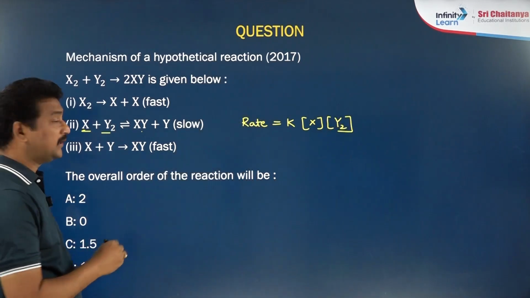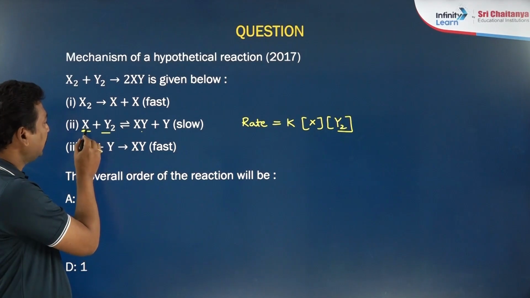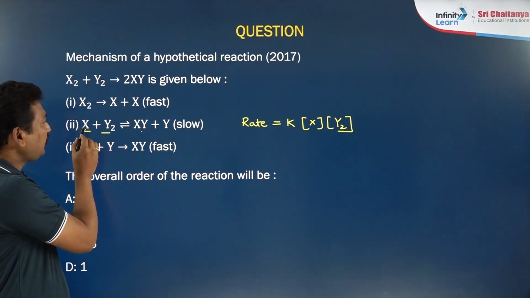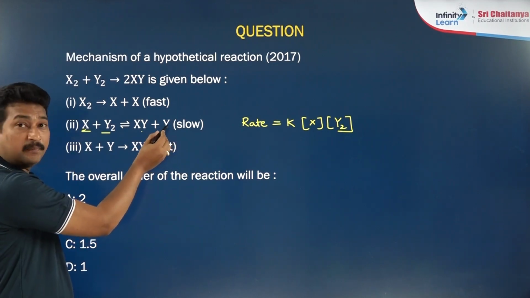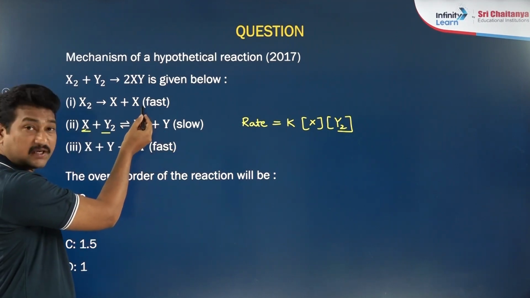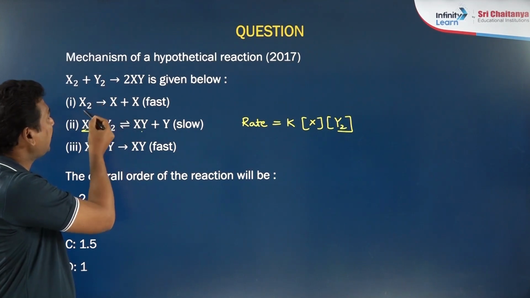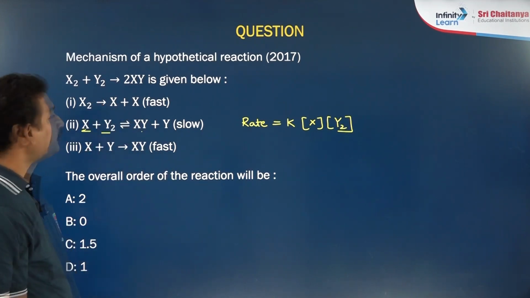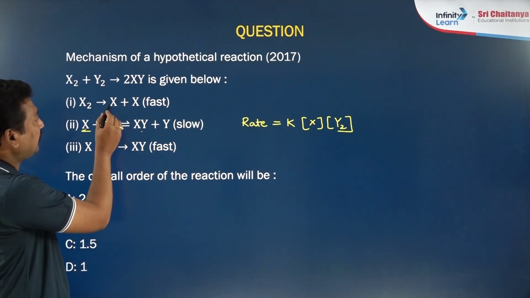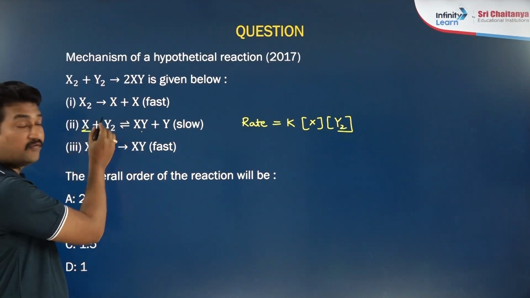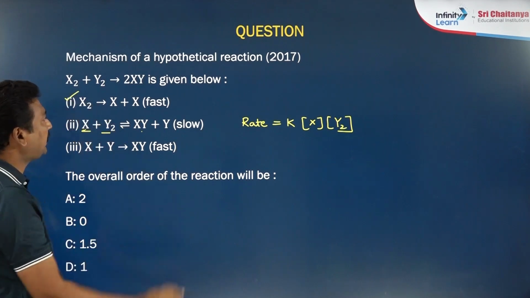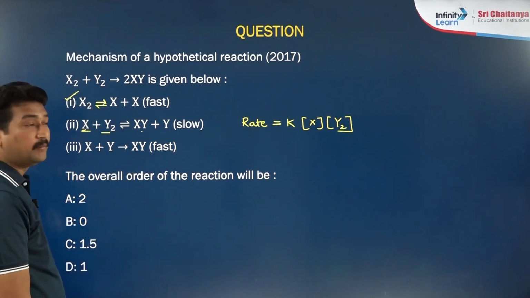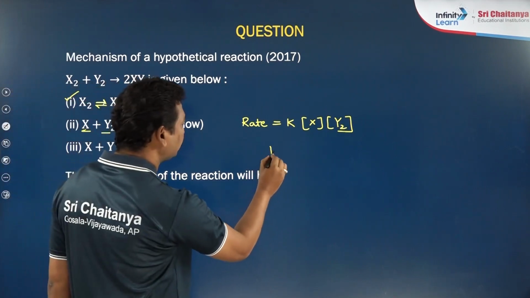But one thing, my dear students, that you should observe is that if one of the reactants of the slower step may be the product of some other step, that reactant also we need to consider. Since the very first one is the fast one, for this we can write an equilibrium reaction. For an equilibrium reaction, we can write an equilibrium constant.